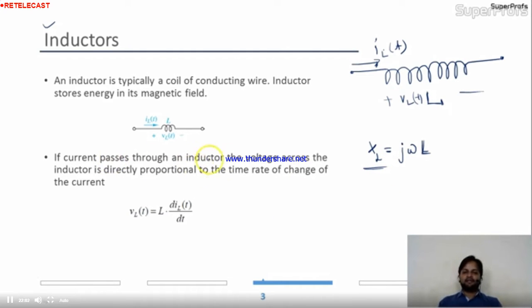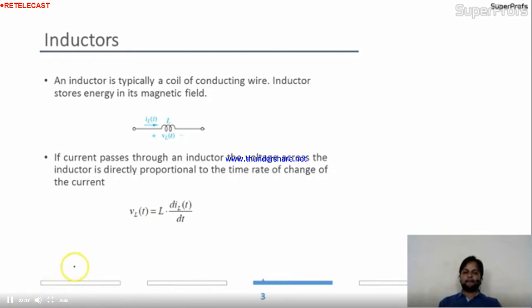If current passes through an inductor, the voltage across the inductor is directly proportional to the time rate of change of the current. See what he is saying. He is saying that the voltage across the inductor is nothing but L di/dt. Is it okay to you?